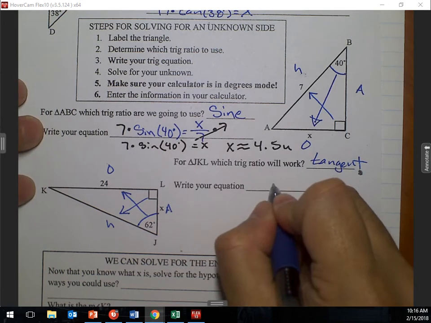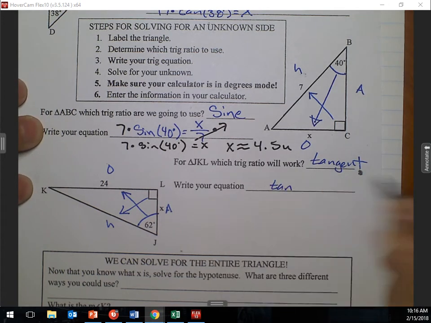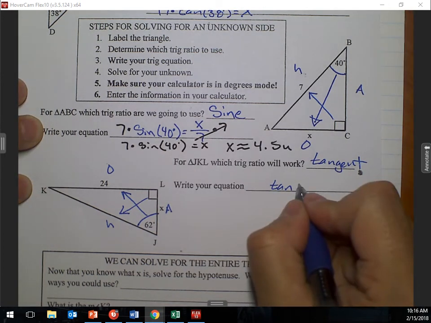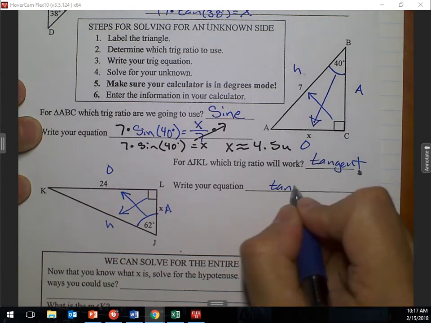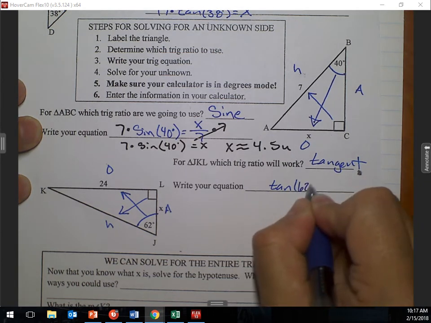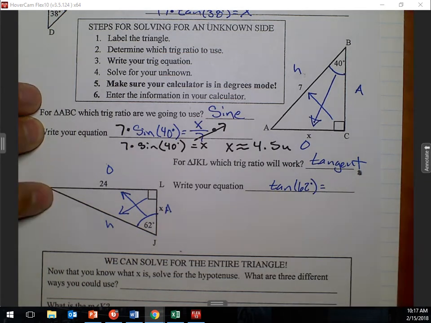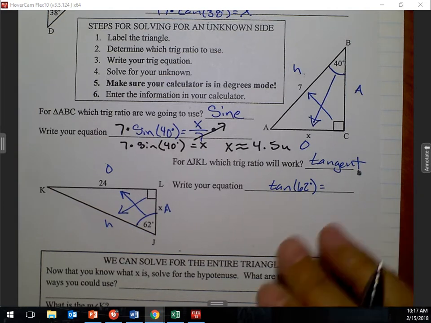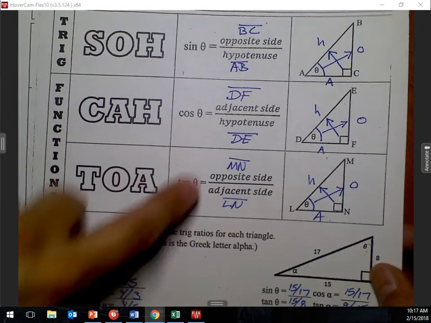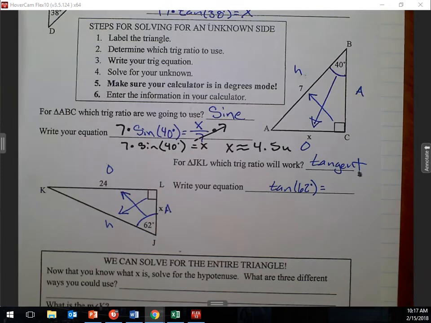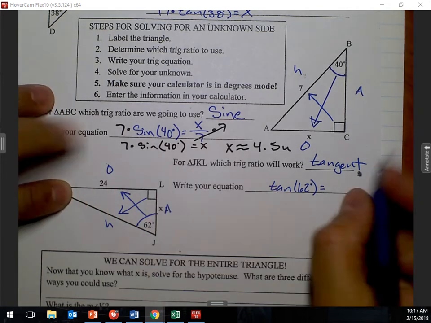It's going to be tangent. What's my angle? 62 is equal to, it's always opposite over adjacent on my tangent. If you guys look, you can go back. Opposite over adjacent. 24 over x. Very good.